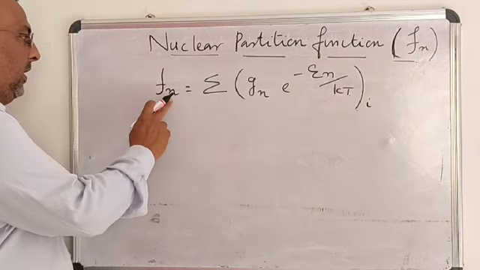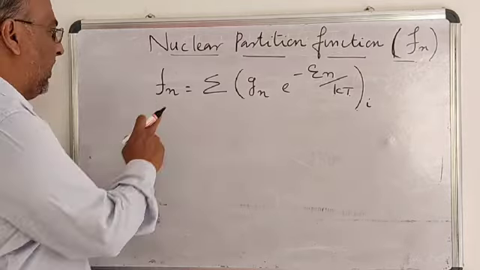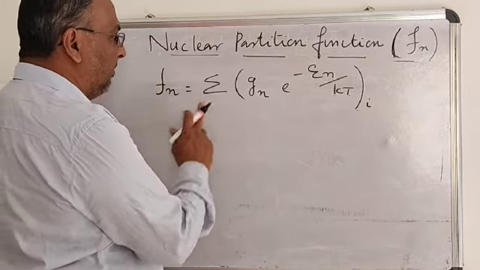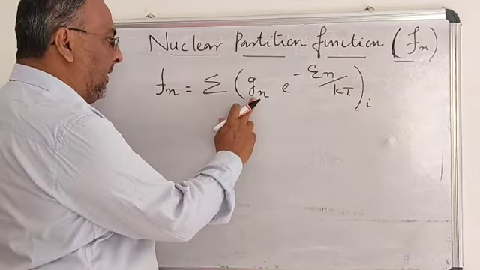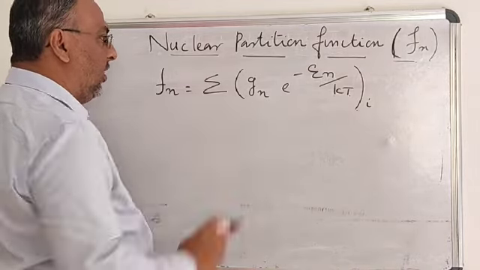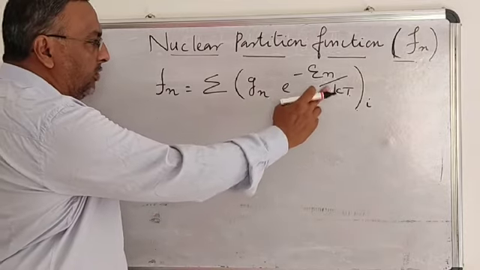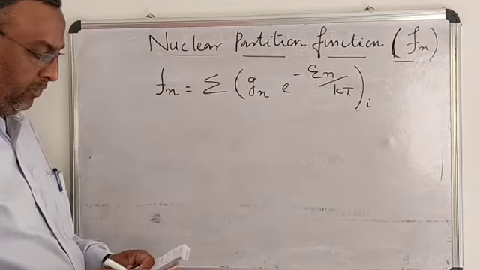This nuclear partition function is the summation of degeneracy of the nucleons and the energy due to nucleons divided by kT, that is, it is the exponential power of energy of nucleons divided by kT.